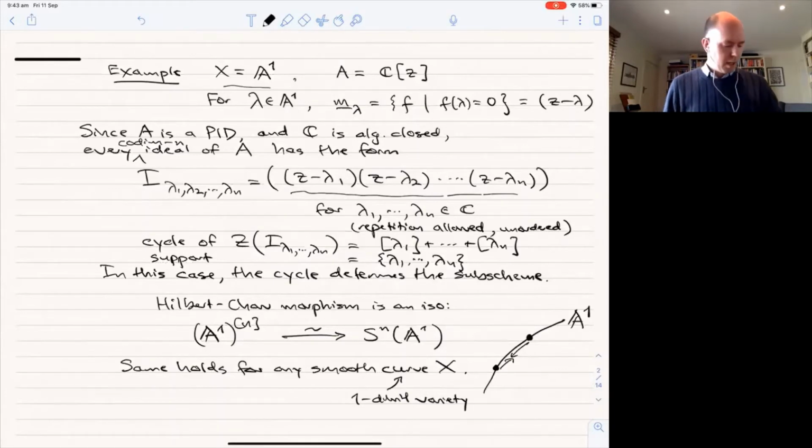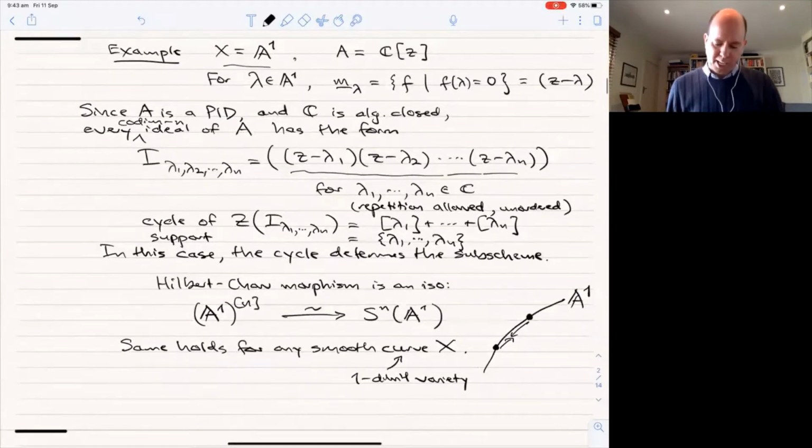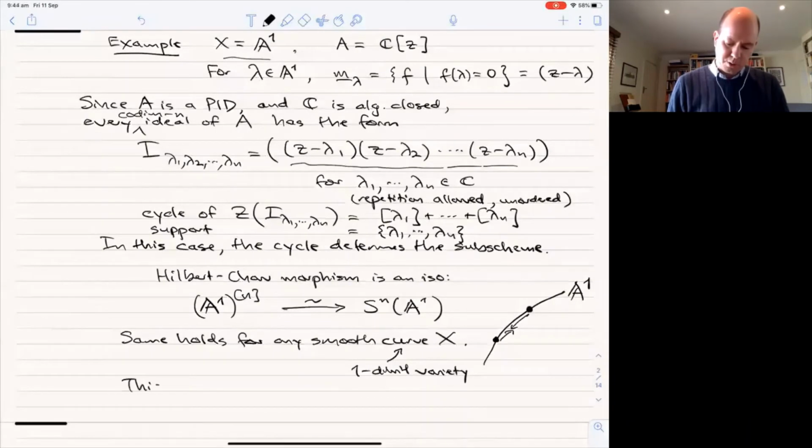So this is why the book is called Hilbert Schemes of Points on Surfaces, because surfaces is actually the first interesting case.